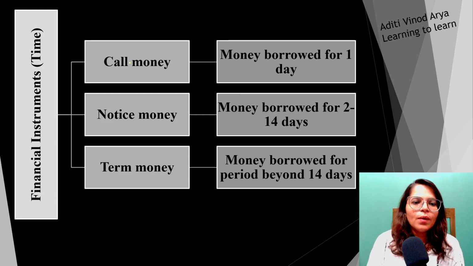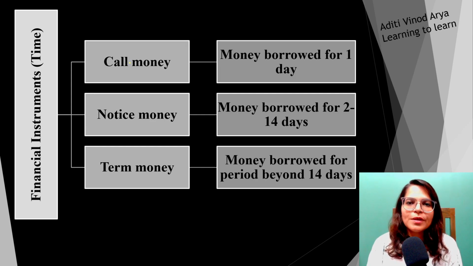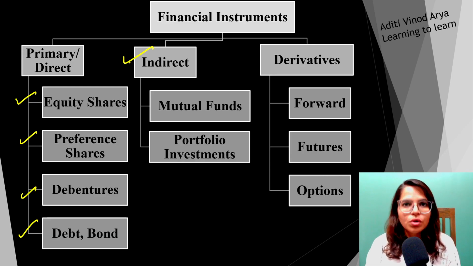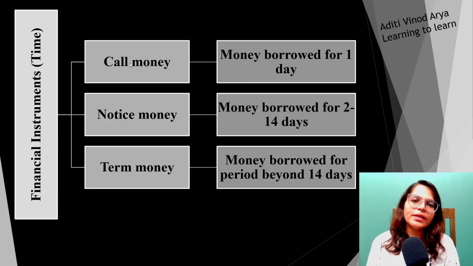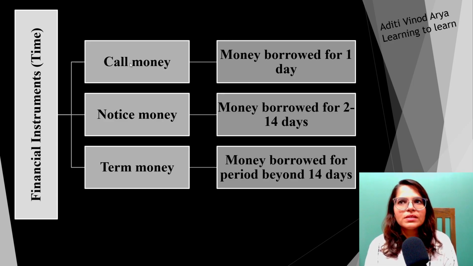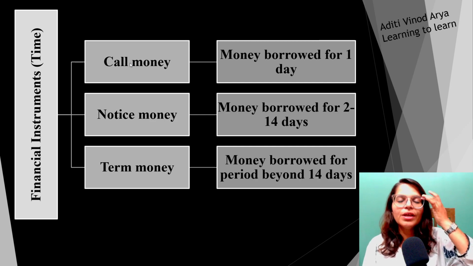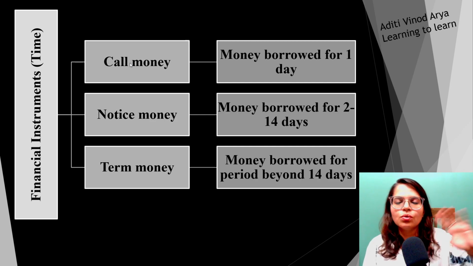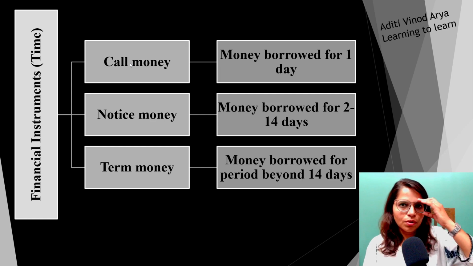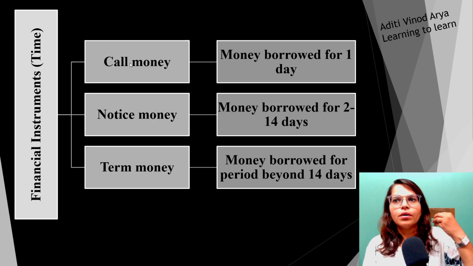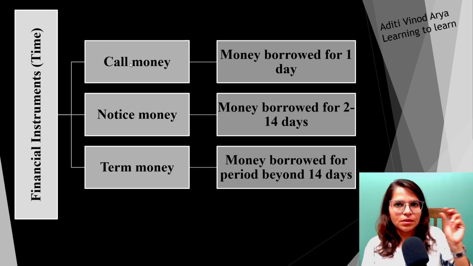There is one more way where we can classify the financial instruments: call money, notice money, term money. It is based on time. The earlier one was based on ownership, and this is based on time. If you are investing in call money, it means you have borrowed the money for one day. If you want money for one day, you can buy call money. It is usually used by banks to fulfill the gaps.